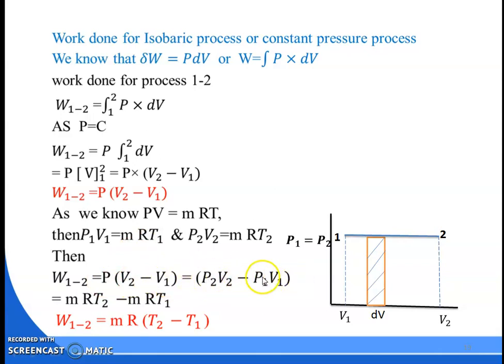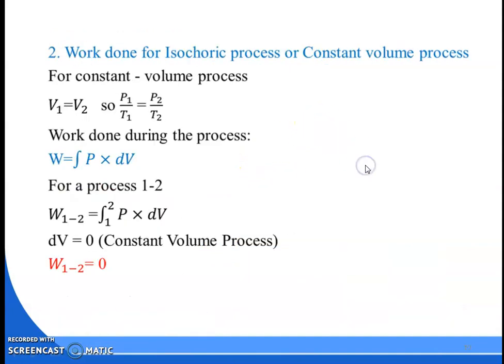P2 V2 is mRT2 and P1 V1 is mRT1. mR is constant, so I can write mR into (T2 minus T1). So that is the work done for the isobaric process: P into (V2 minus V1) or mR (T2 minus T1). Okay. Then we will discuss work done for the isochoric process, or constant volume process.